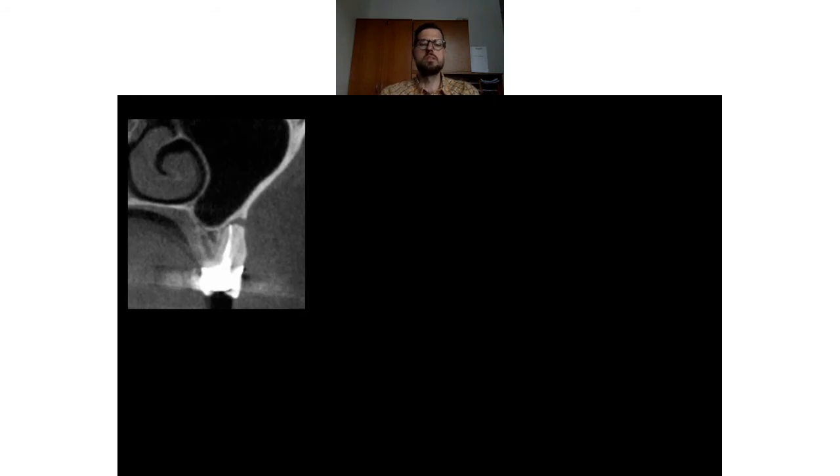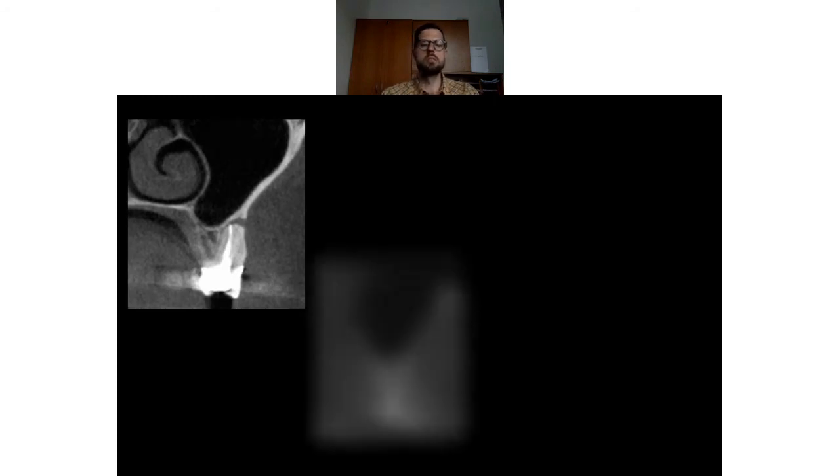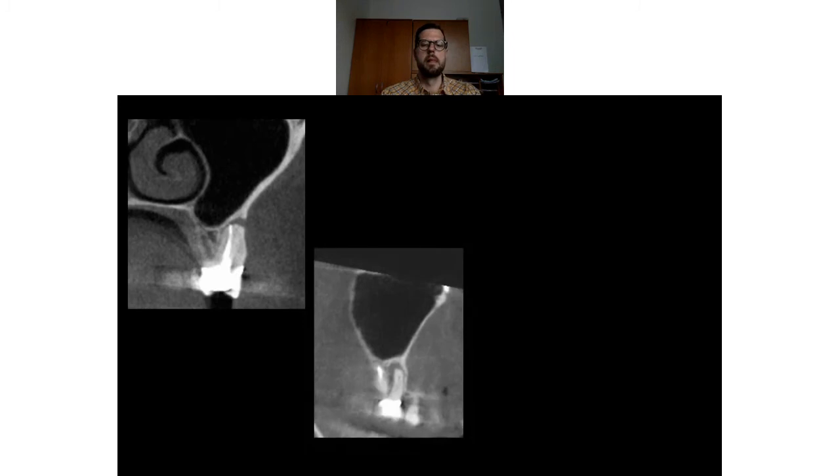So let's look at the slices. So we see on the coronal slice, sorry, this is the sagittal, that there is the root canal. So as I saw it, I said, okay, yeah, there is no such thing as the first maxillary molar will have only the MB2 and not the MB1.